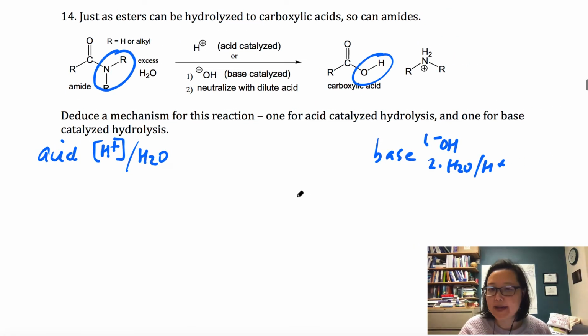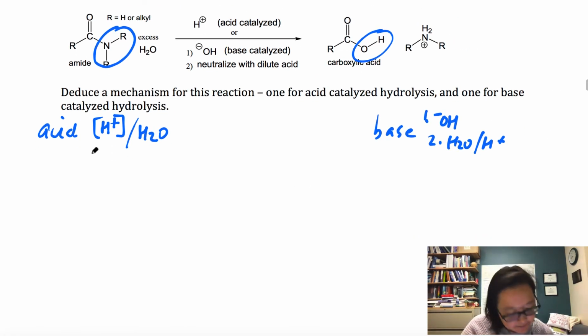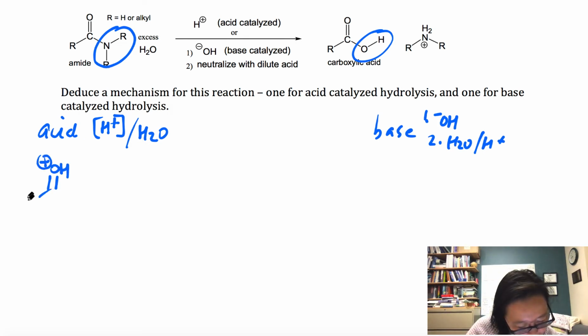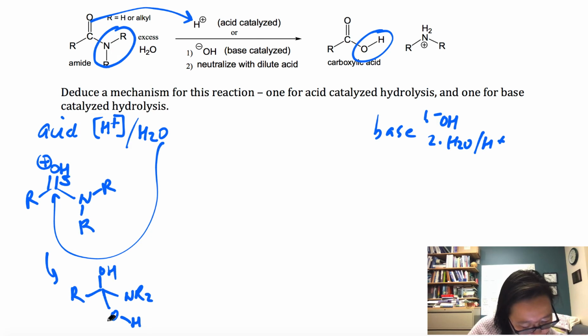Let's see if we can do that. Acid workup means we would protonate. This would be our first step, right there. Okay? Simple. And then, what's next? I think you guys know it's proton transfers. So I'm just going to show that is positive and that lost.